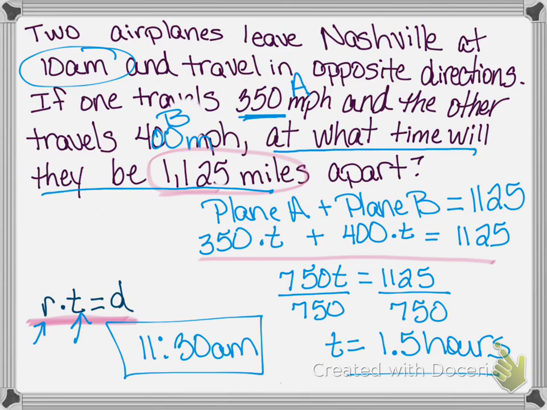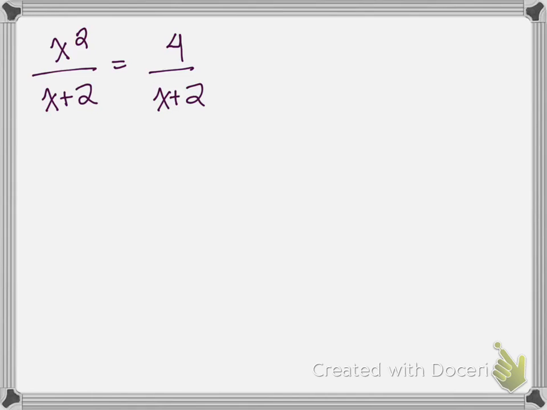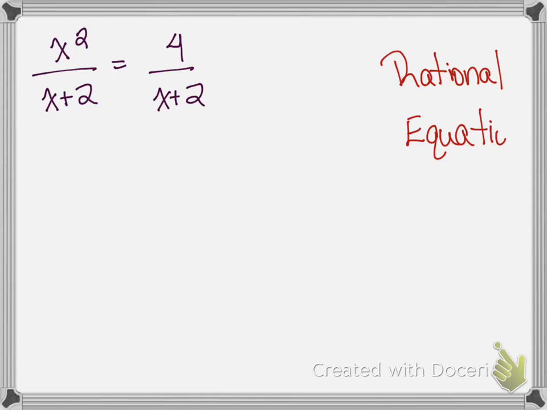Okay, can we try another one? Yes. So the next one that we're going to do, these are what we call rational equations. And when we are solving a rational equation, what we have to do is multiply everything by the LCD.